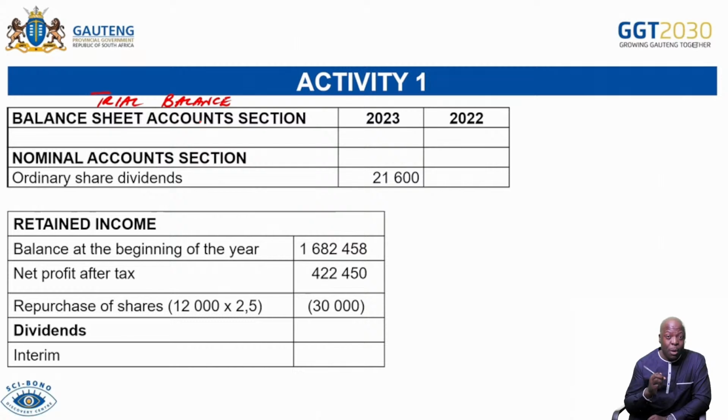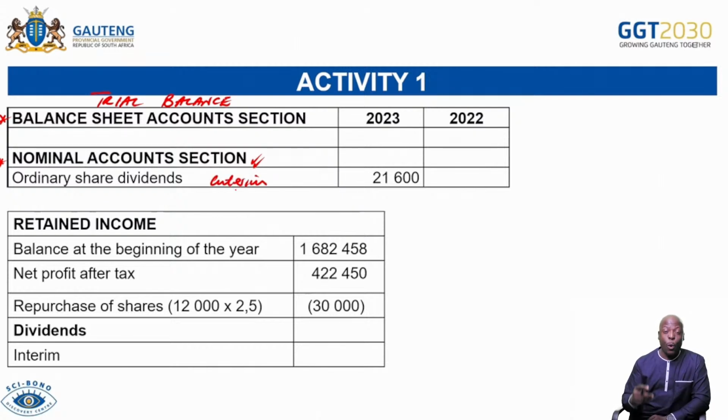In the trial balance, we have two sections. We have the balance sheet accounts section and we have the nominal accounts section. So once you see dividends in the nominal account section of your trial balance, those dividends are interim dividends.